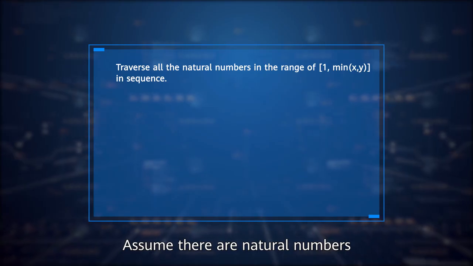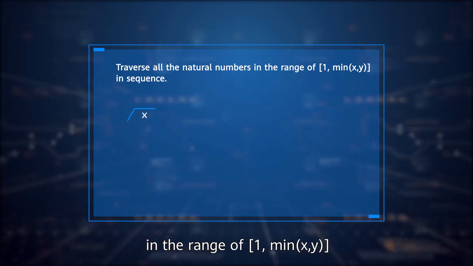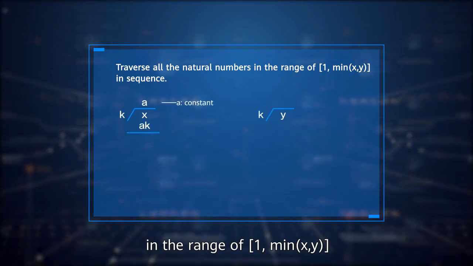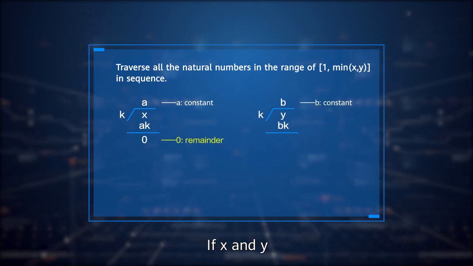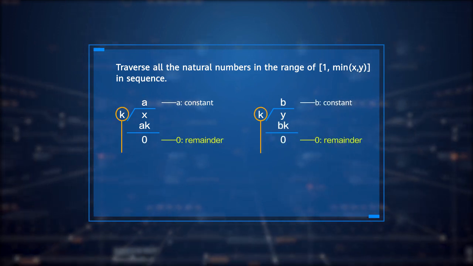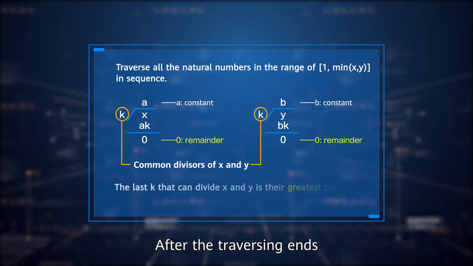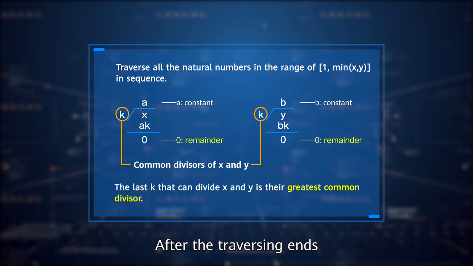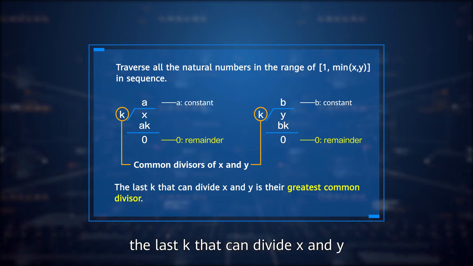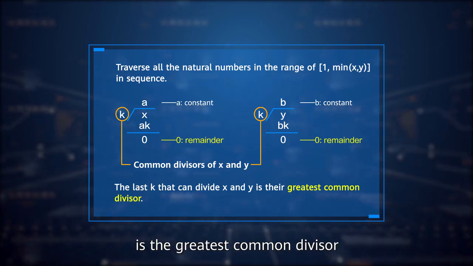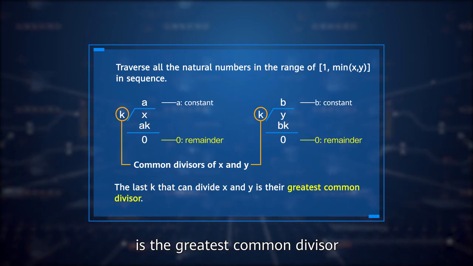Assume there are natural numbers k in the range of 1 to min(x, y). If x and y can be divided by k, k is a common divisor of x and y. After the traversing ends, the last k that can divide x and y is the greatest common divisor.